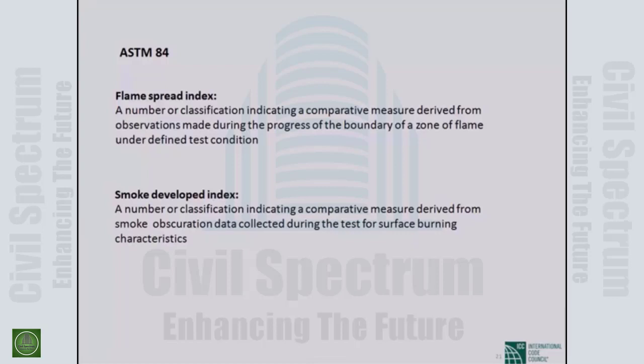The flame front will move from one point to the other. How does it propagate from the tip over a certain distance? That is measured against a definite standard oak sample, and it is quantified, and it will give you some flame spread index. Another thing is the smoke development index.